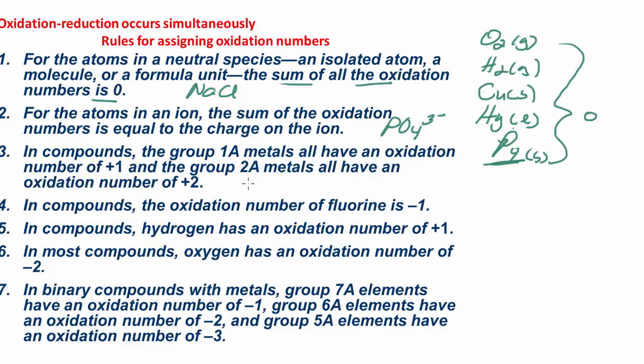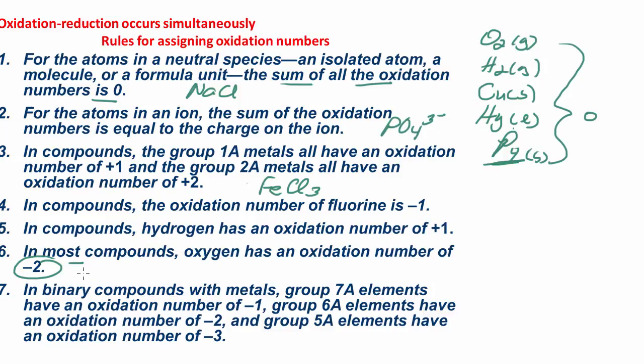Transition elements, whatever their charge is. So for example, here we have iron 3 chloride. The oxidation number on the iron would be +3. It would be the same as its charge. For nonmetals, for example, oxygen usually has an oxidation number of -2 in most compounds, and that's in both ionic and molecular compounds.